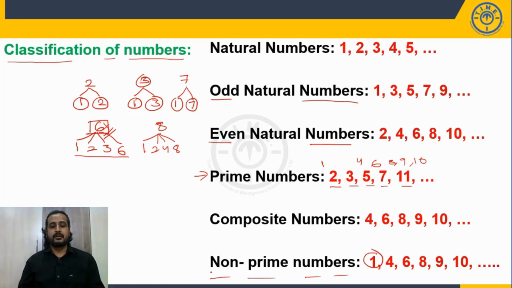So classification of numbers is very, very important, because any question we solve has to fall under these categories: natural, odd numbers, even numbers, prime numbers, composite numbers, non-prime numbers. You need to understand the sequence. Fine. Please note it down.